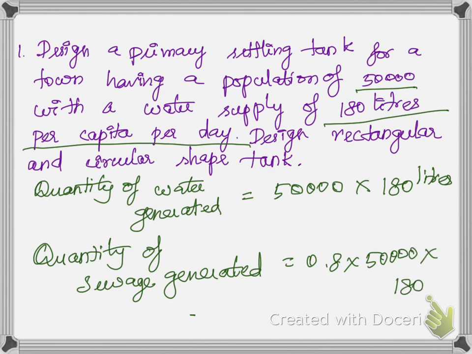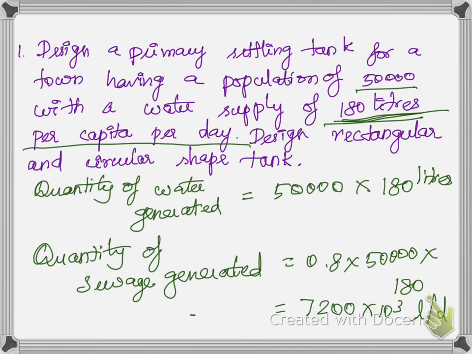That is the amount of sewage generated, which is equal to 7,200 into 10 power 3 liters per day. You have to be very careful with the unit. Here it is given as 180 liters per day, so I am writing in liters per day.